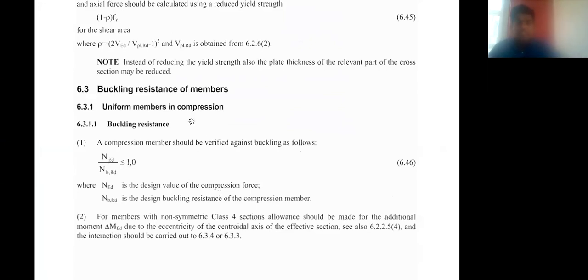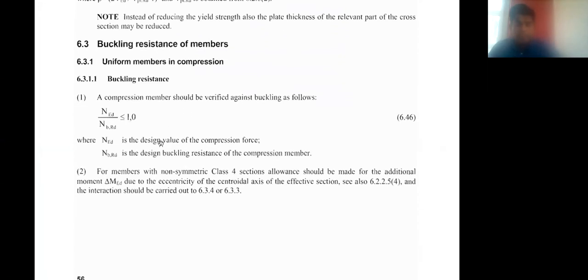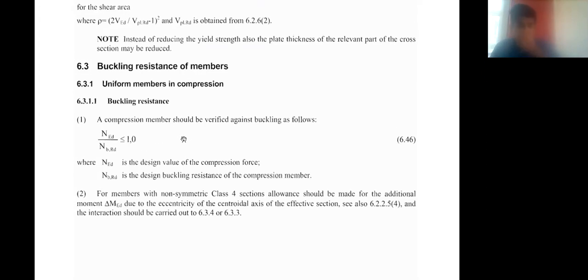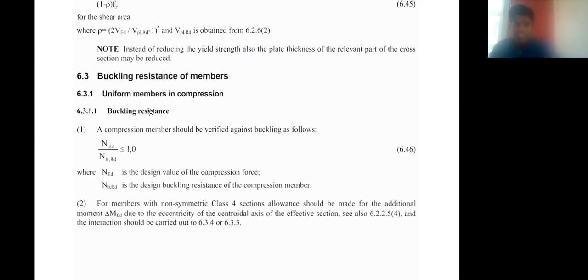Uniform members in compression: NEd over Nb,Rd should be less than or equal to 1. This is for the buckling resistance under compression.